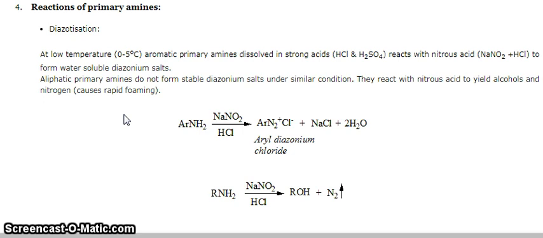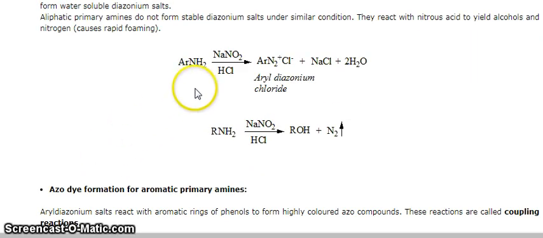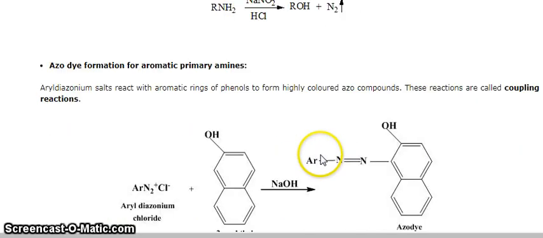Aliphatic primary amines do not form a stable diazonium salt under similar conditions, and they react with nitrous acid to yield alcohols and nitrogen, causing rapid frothing. You see the aniline reacts with this compound forming aryl diazonium chloride, and then you can see RNH2 in the presence of NaNO2 and HCl forming alcohol and evolving N2.